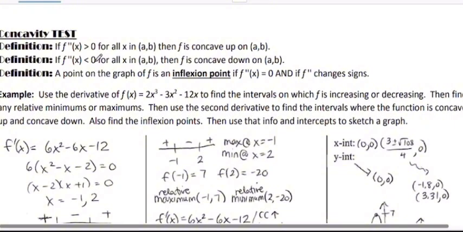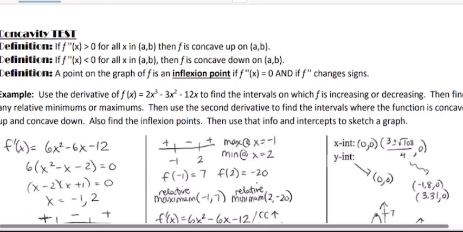So the nature of the second derivative affects whether the function is concave up or down. A situation where the second derivative is exactly equal to 0, we call a point of inflection.